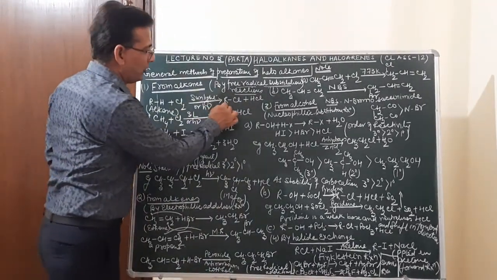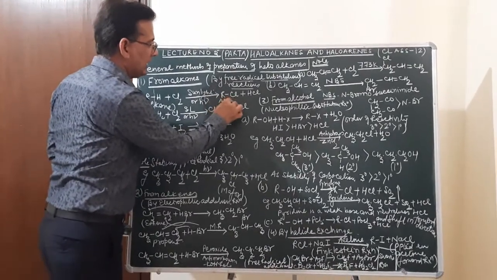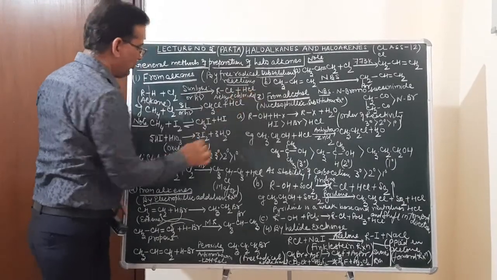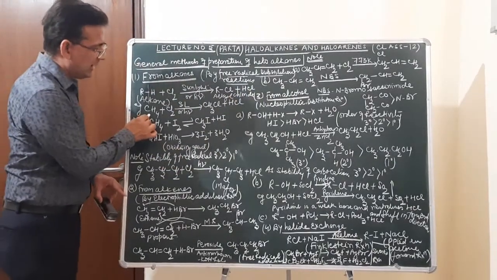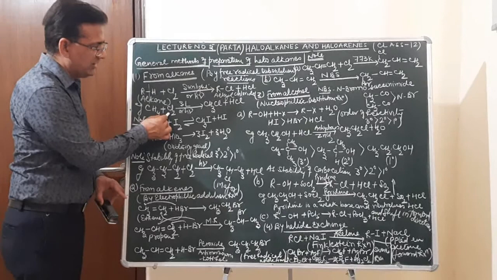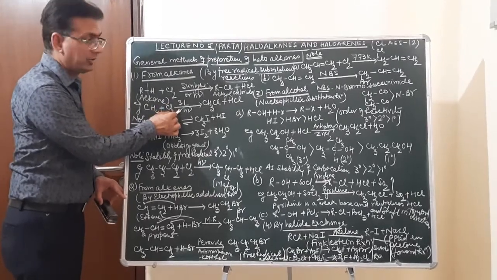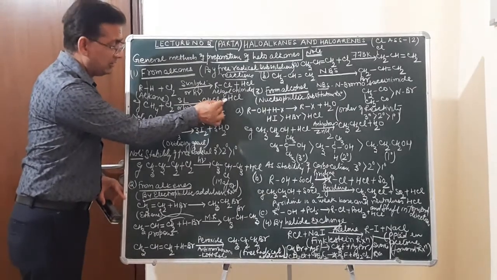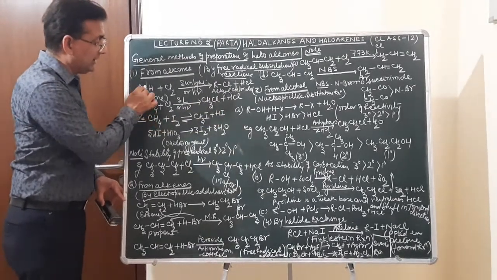So it will result in the formation of alkyl chloride. As for example, methane, when reacted with chlorine in the presence of sunlight, what is formed? Methyl chloride and HCl.